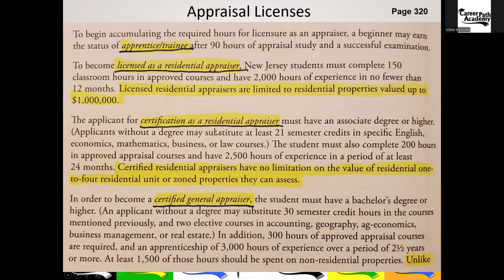Or you could be a certified residential appraiser doing appraisals on commercial properties under the supervision of a certified general appraiser. Because that's what you're going to need if you want to become a certified general appraiser. You have to have 3,000 hours of experience in 2.5 years or more, with at least 1,500 of those hours being spent on non-residential properties.